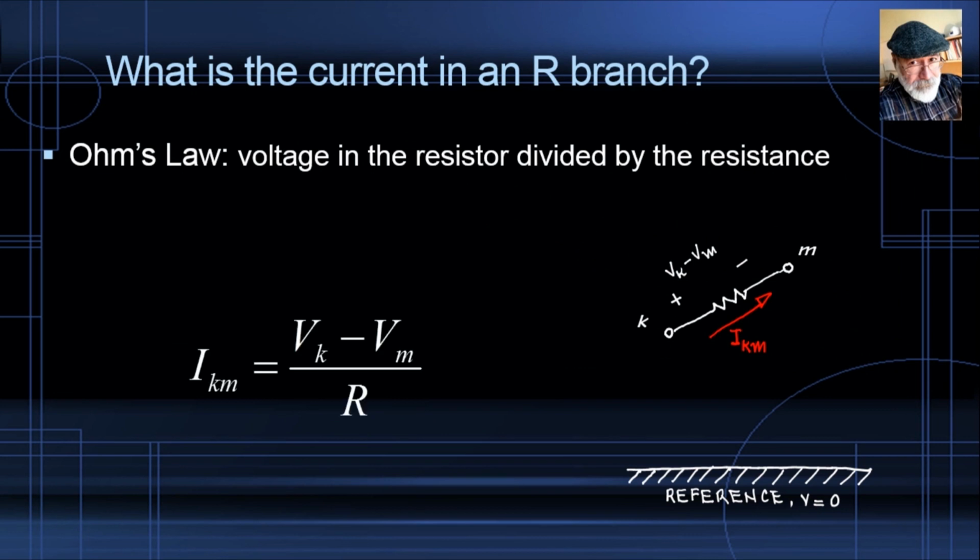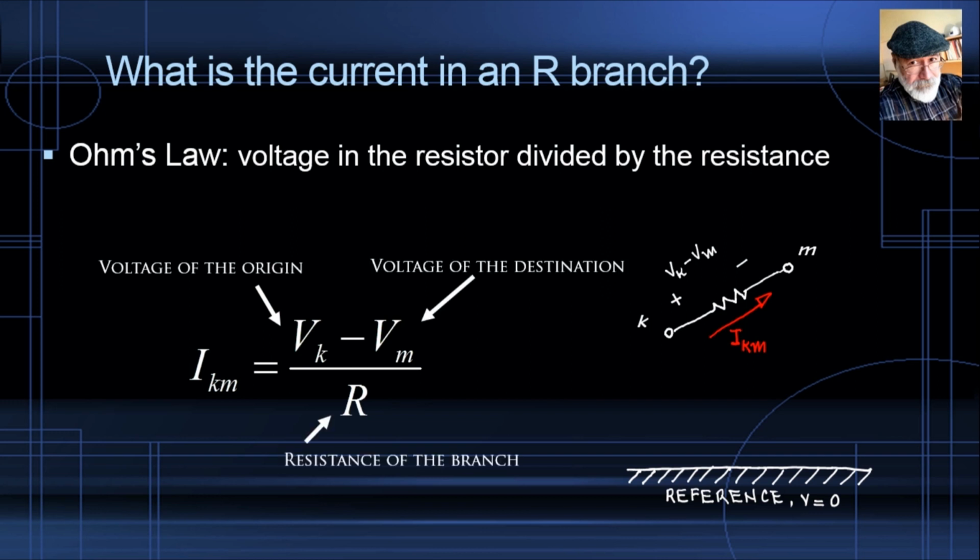That's Ohm's law. IKM is Vk minus Vm over R. That current is the voltage of the origin of the current, K, minus the voltage of the destination of the current, M, divided by the resistance of the branch.